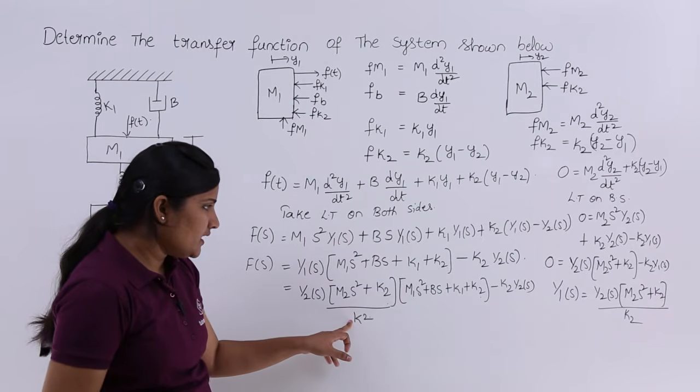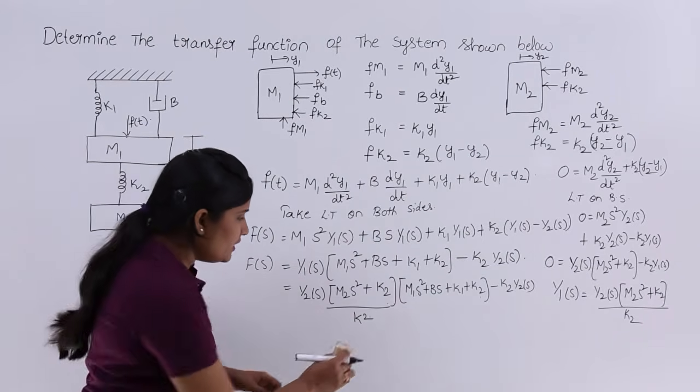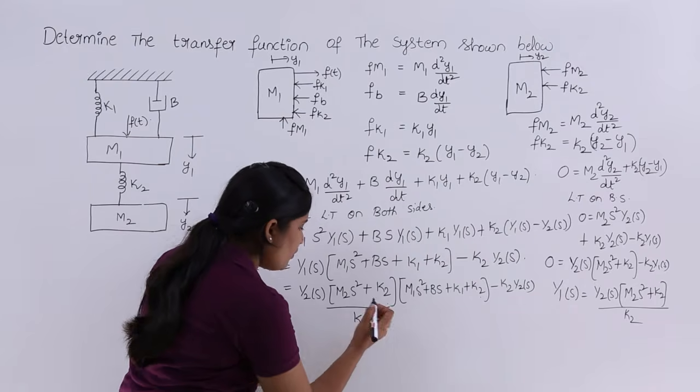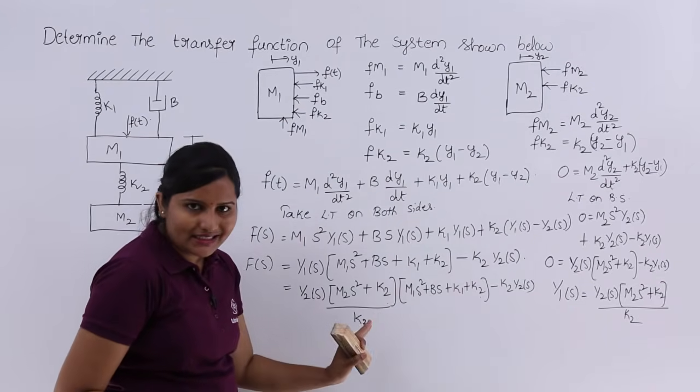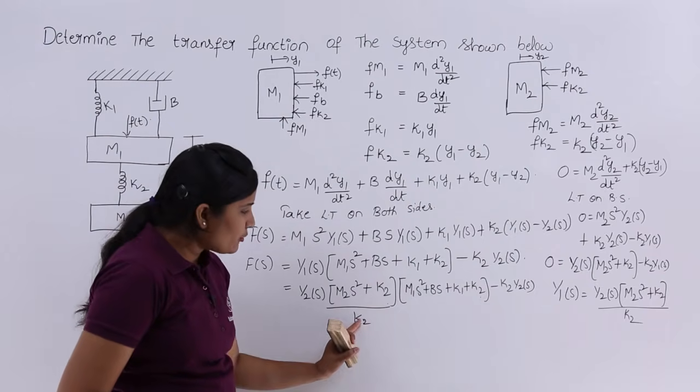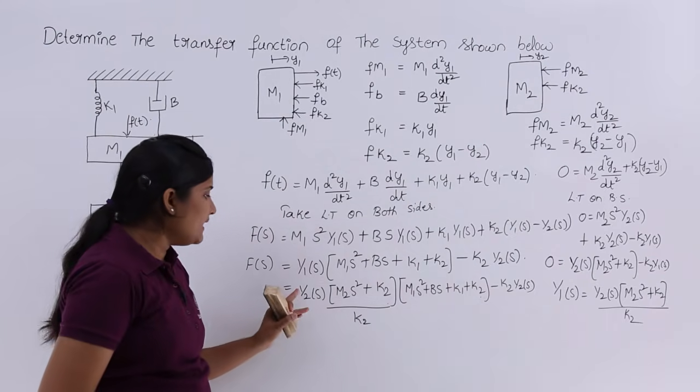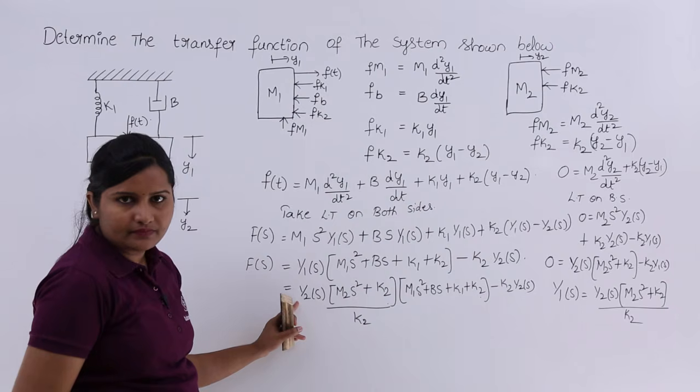See here, this is k2. If you want to make the common denominator, you need to cross multiply. In the next step I am going to cross multiply and take common y2 of s.